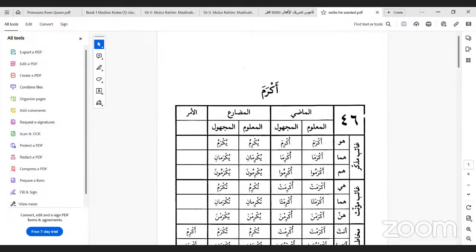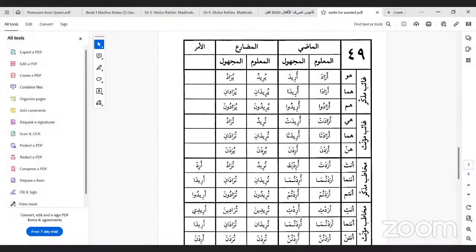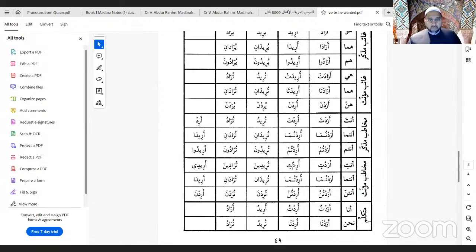Antunna turiduna. Ana uridu, I got it on the screen now. Ana uridu, nahnu nuridu. So I've got it on the screen. Thank you, sister, for that.